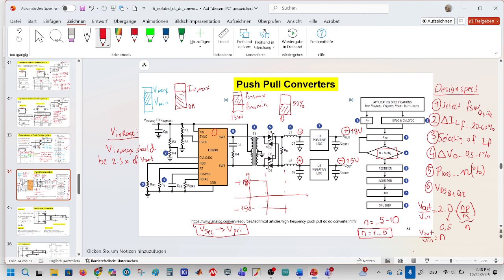We didn't use this snubber here. It was not covered in this lecture. This is the so-called RC snubber.